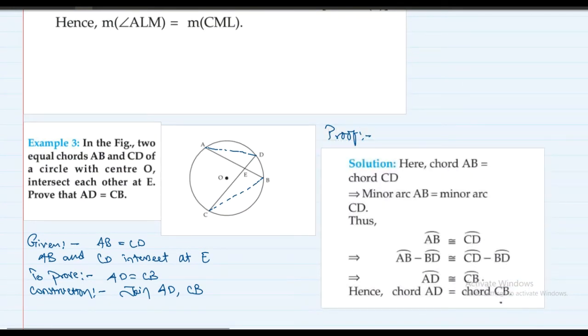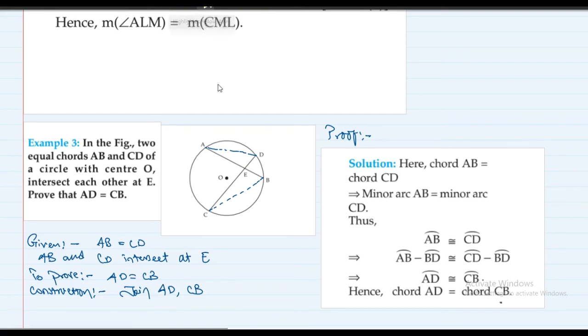So what they are saying is chord AB is equal to chord CD means minor arc AB is equal to minor arc CD because equal chords cut equal arcs. That's one theorem. Equal chords cut equal arcs.